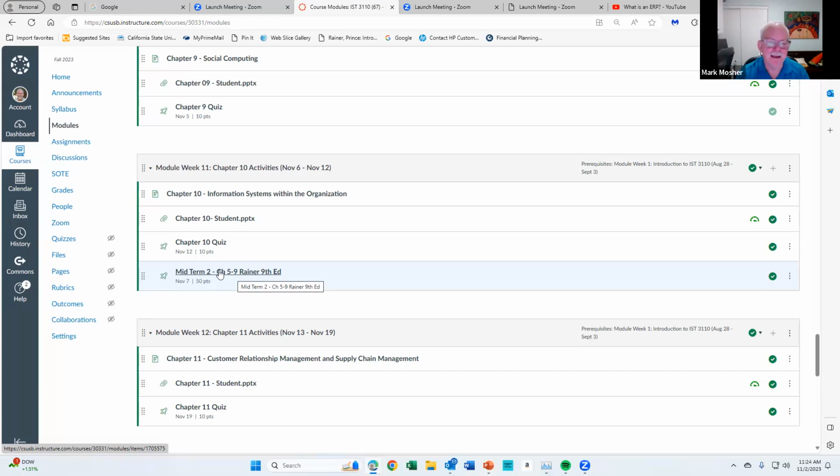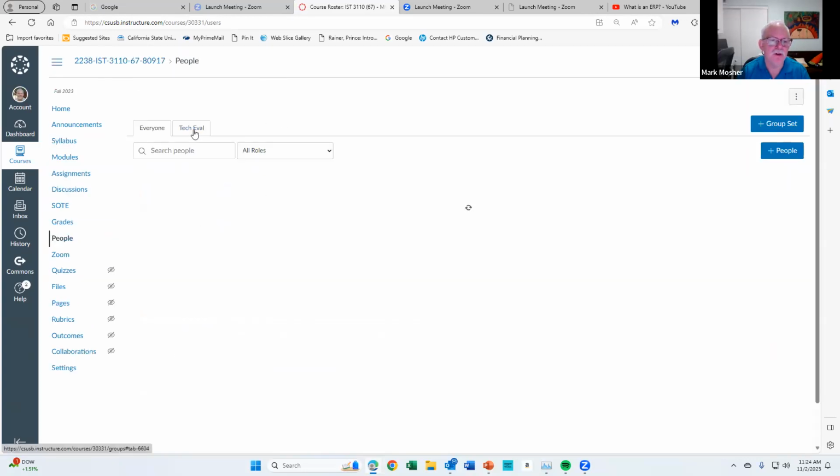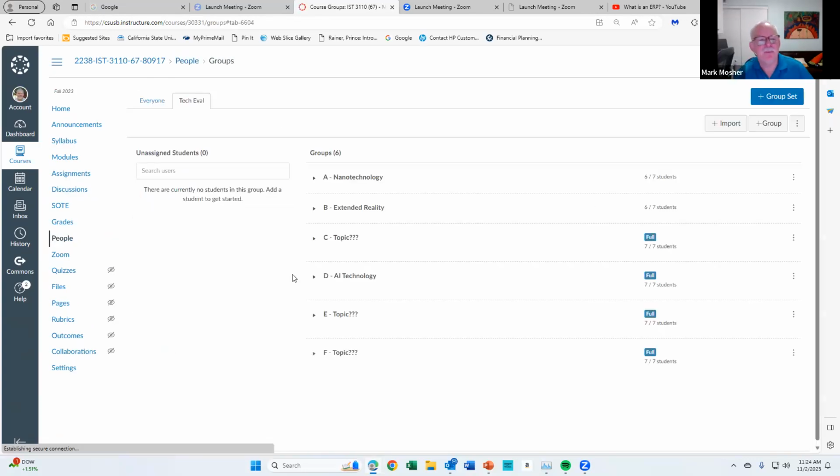So hopefully that helps. And other than that, once again, as a reminder, let's not forget about the groups. These are the different groups I have so far. In this section anyway, the 67 section, nobody has identified their preference on the date.